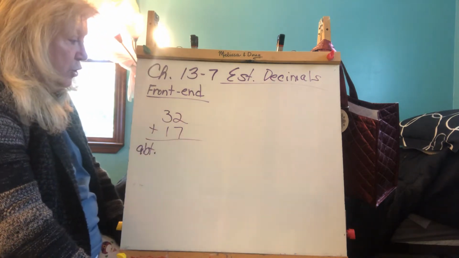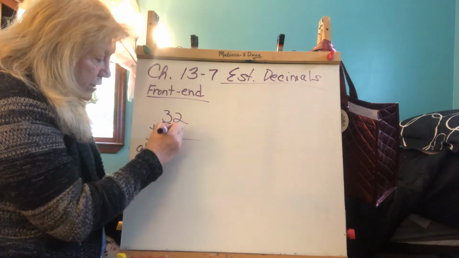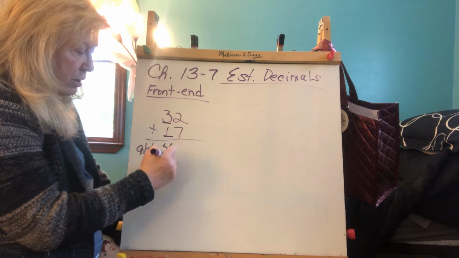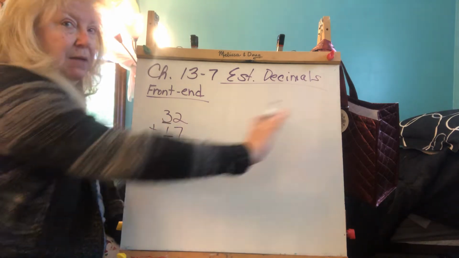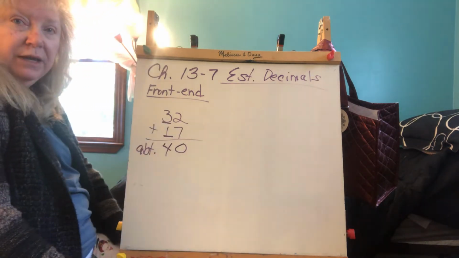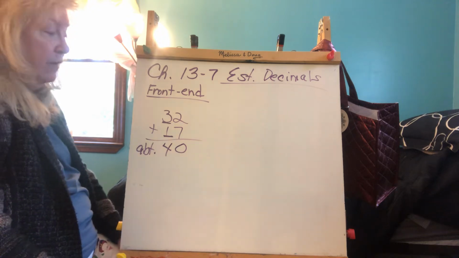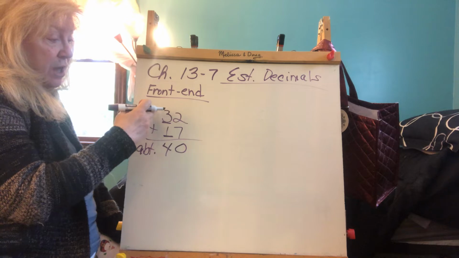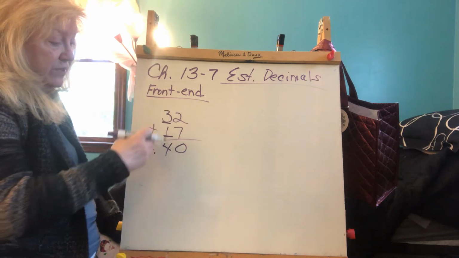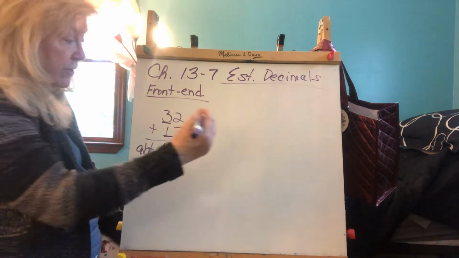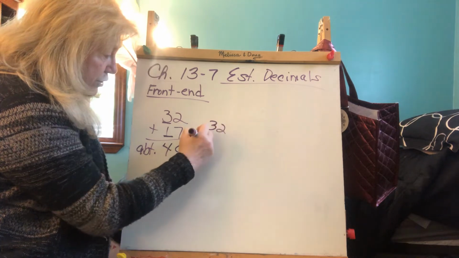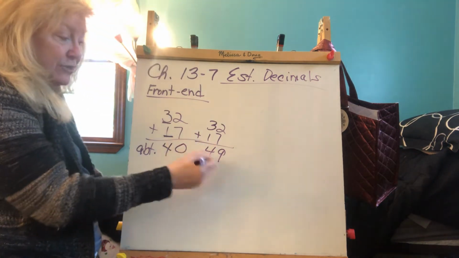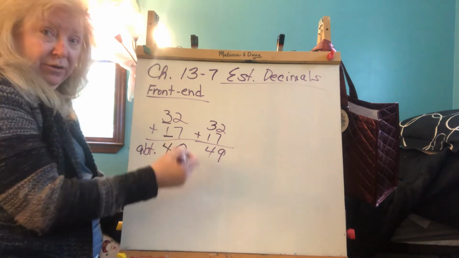So what you would do is take the front digits, add them together, and then make everything that came after that a 0 and put about in the answer. So the sum of 32 plus 17 is about 40. The actual answer would have been 49, and that's reasonable based on our estimate.